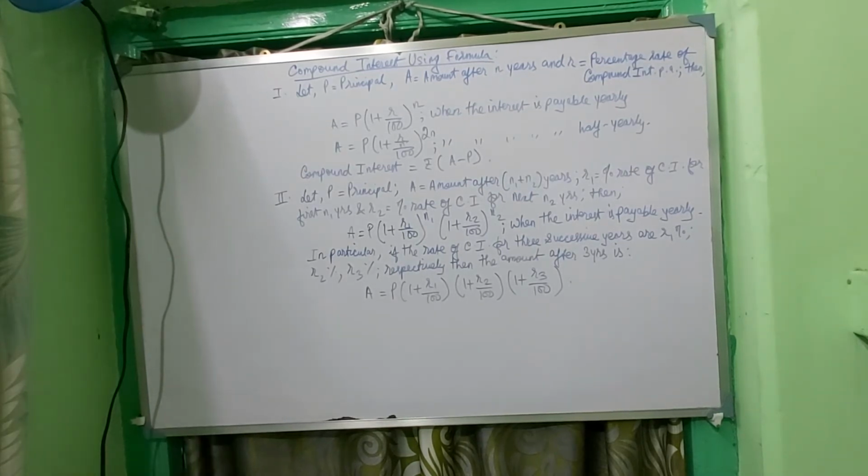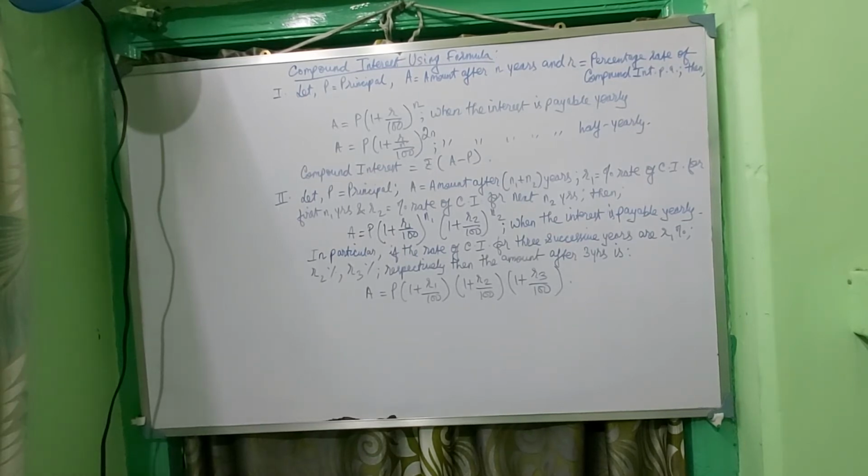So if you go through sum number 1, we can see: find the amount of compound interest on rupees 8,640 for 3 years at 8 and 1/3 percent per annum. Means you have to calculate the amount of compound interest on 8640 for 3 years.